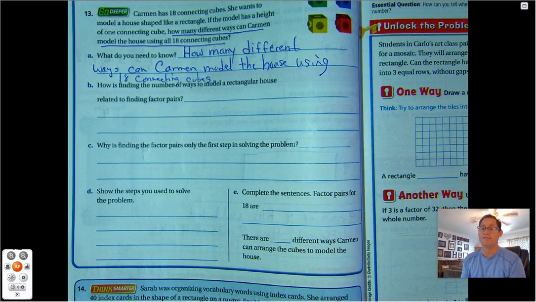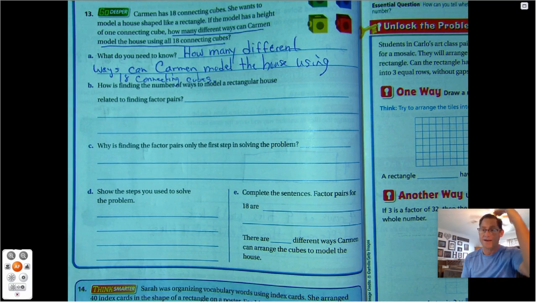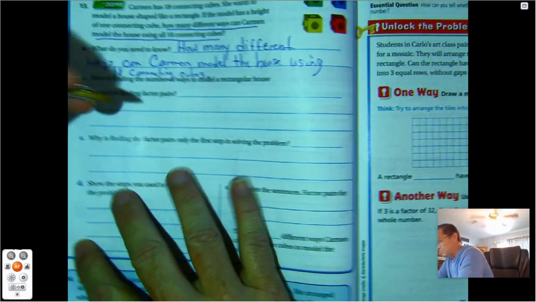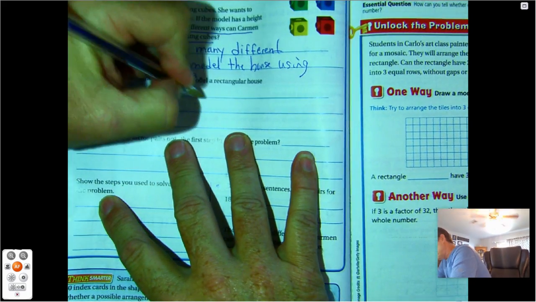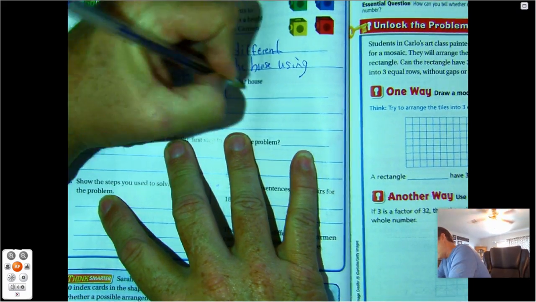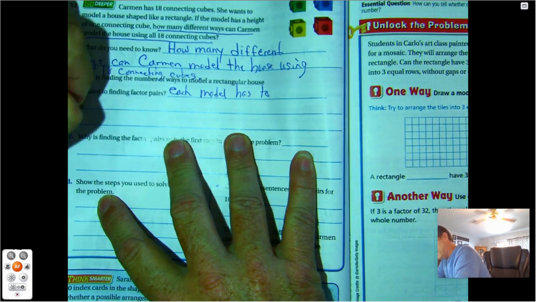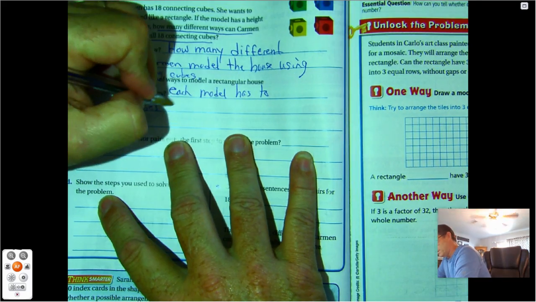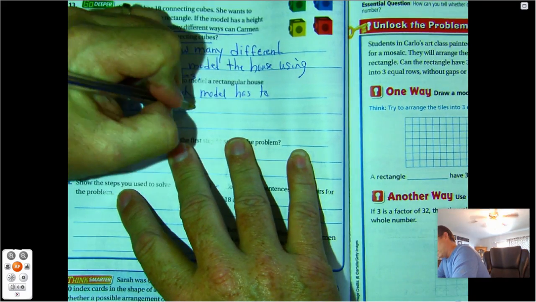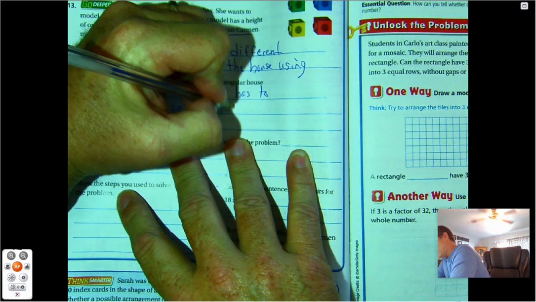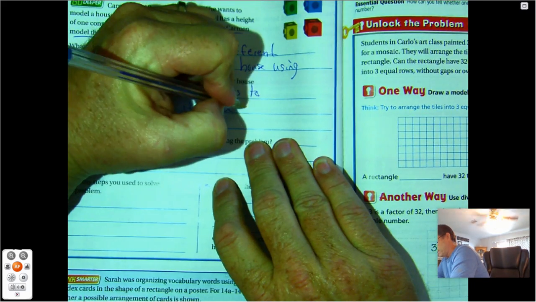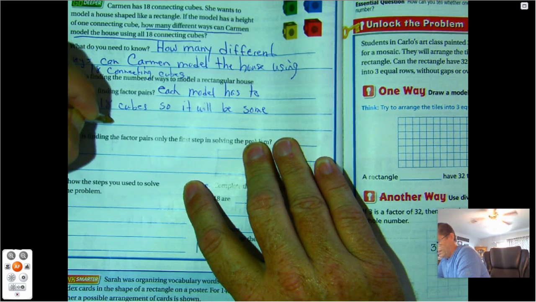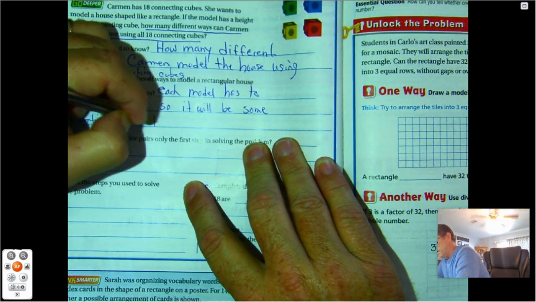So each model has to have 18 cubes, so it will be some combination of the factors of 18.